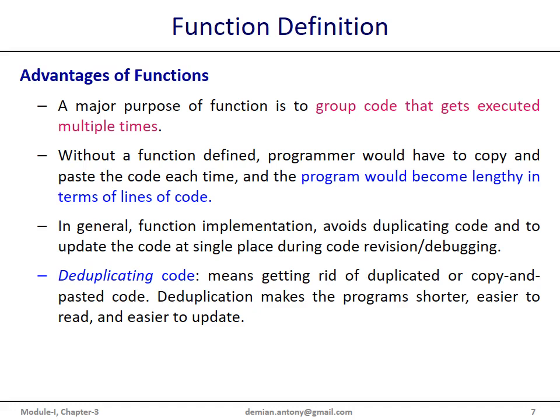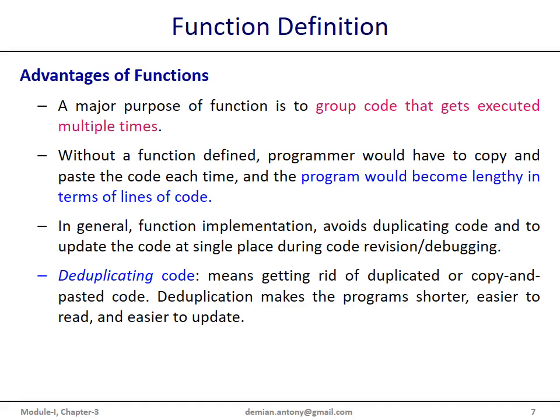And then use the arithmetic expression to calculate the binomial coefficient. In this way, we can have short code in terms of number of lines, and also we can avoid duplicating code at multiple places.